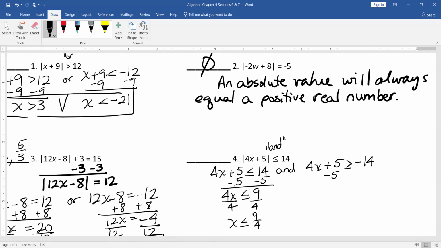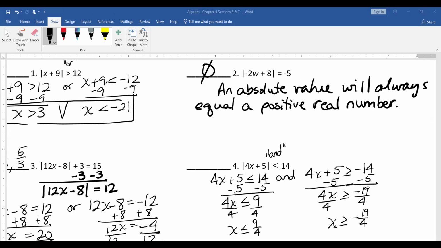And if we subtract 5 from both, 4x is greater than or equal to negative 19, so x is greater than or equal to negative 19/4, which makes sense, right? X needs to be greater than the smallest number, the negative in this case, but it needs to be less than the positive, the 9/4.